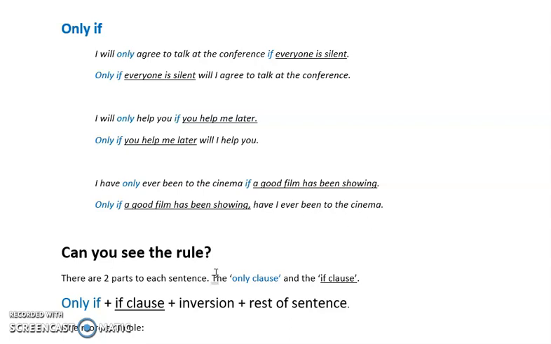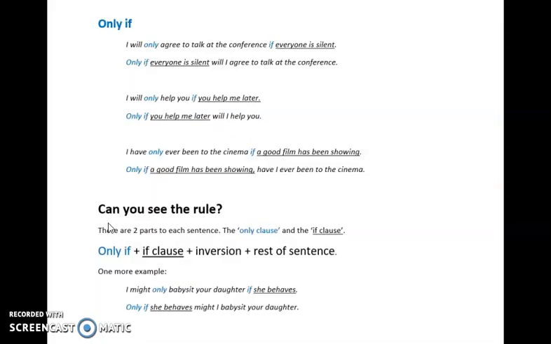Can you see the rule? So what's happening in these sentences? What's going on here is there are two parts to each sentence. We've got the only clause, for example, I will only agree to talk, I will only help you, I have only ever been to the cinema.